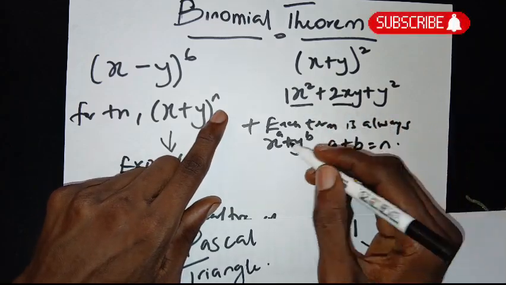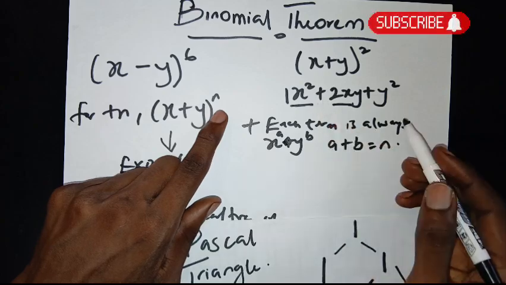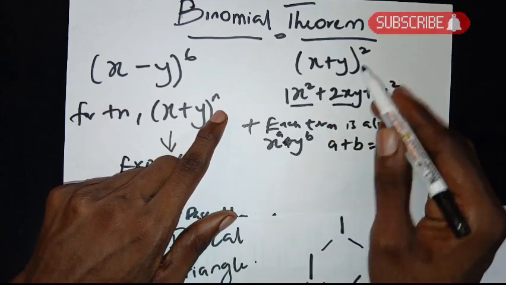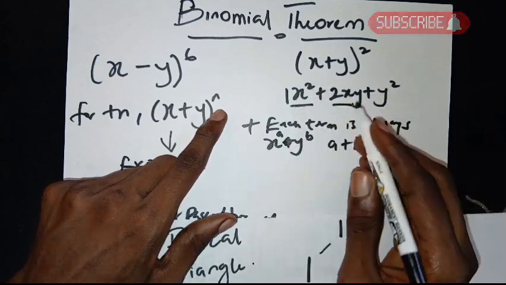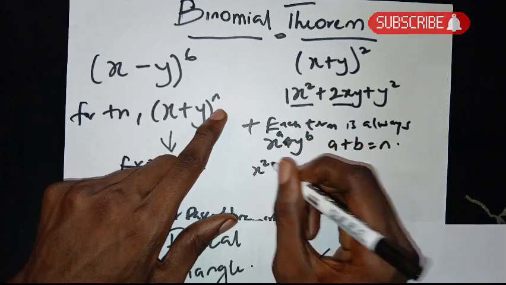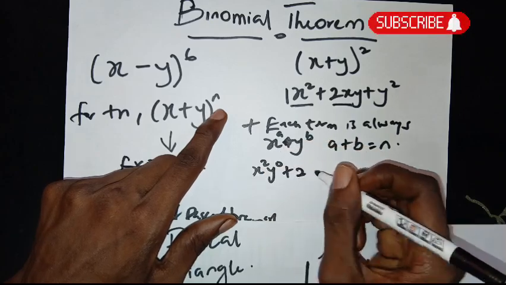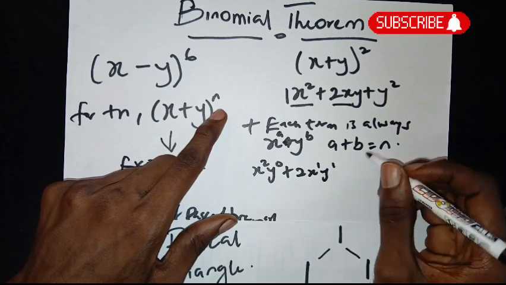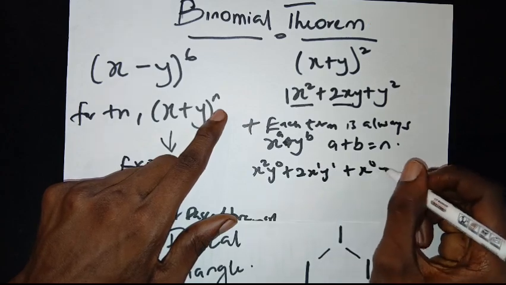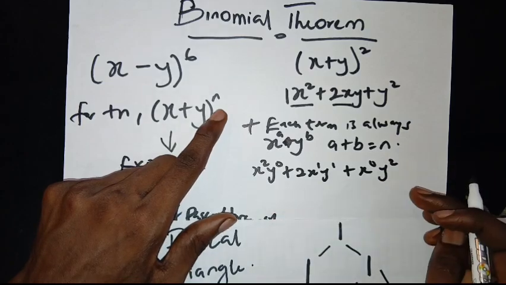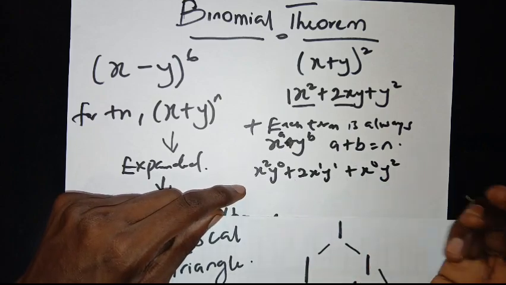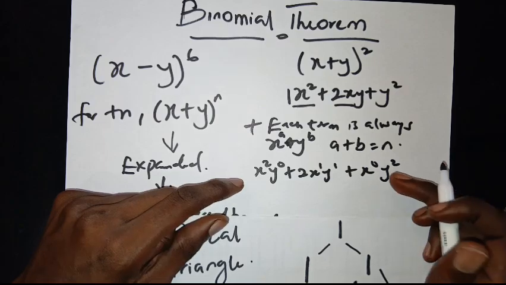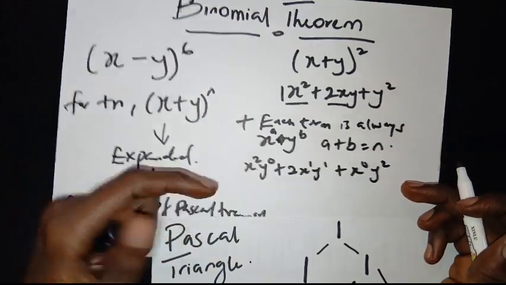That is for each of the terms. For example, if n is 2, then you have a plus b equals 2. You understand? Meaning that this can also be written as x^2 y^0 + 2x^1 y^1 + x^0 y^2. So each term has to have x and y, just that one can be 0, the other can be 1. So each term must have this.